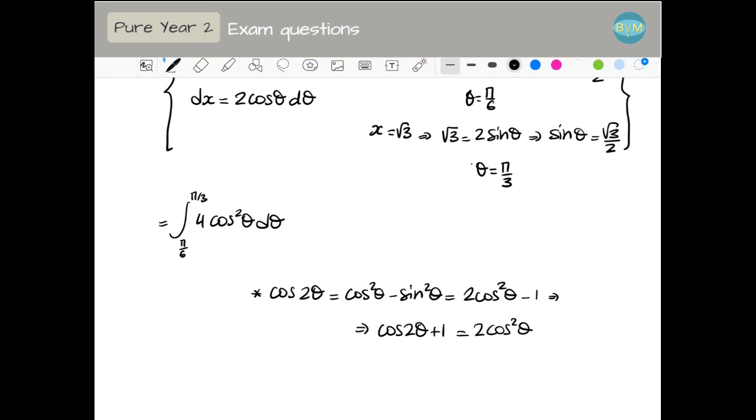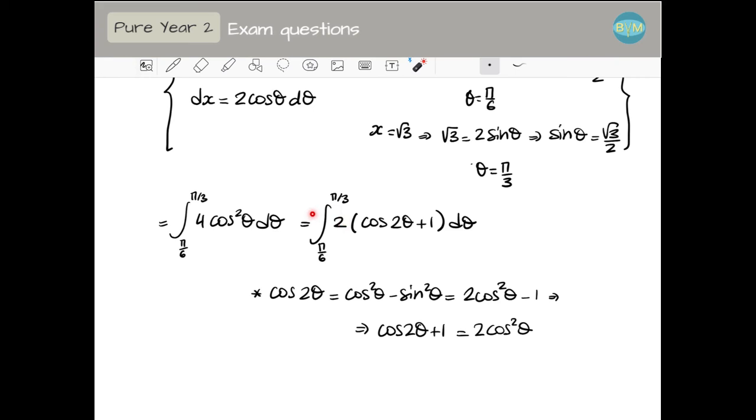I'm going to write this 4 as 2 times 2. So I'm going to leave one 2, and the other 2 is going with cos squared as cos 2 theta plus 1. So cos 2 theta plus 1. And again, the limits are pi over 6, pi over 3, and d theta. And now I know how to integrate this because I don't have the squared.